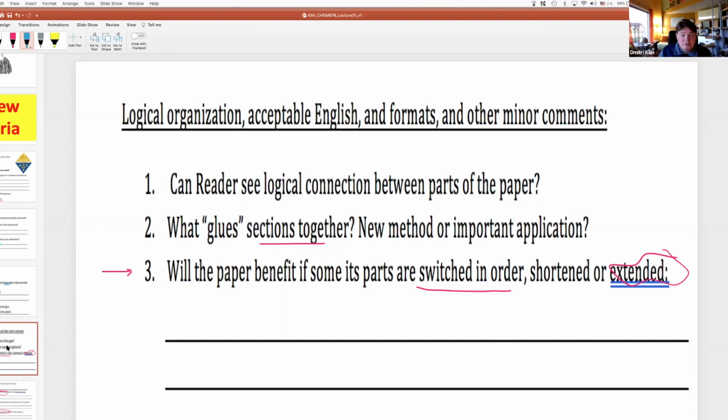Logical organization. Just see if there is logic, if the text that describes figures one after another flows from one statement to another. There is a common error of beginner writers to just throw together all information without connecting it.